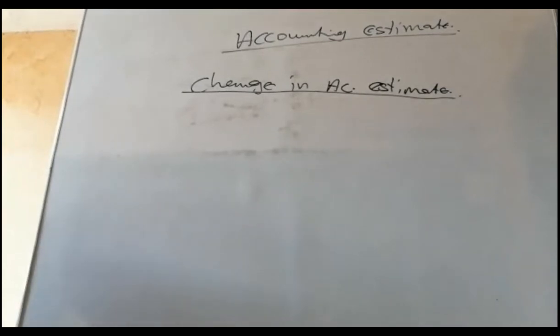A change in accounting estimate is an adjustment of the carrying amount of an asset or liability, or the amount of the periodic consumption of an asset. So basically we are moving around depreciation.